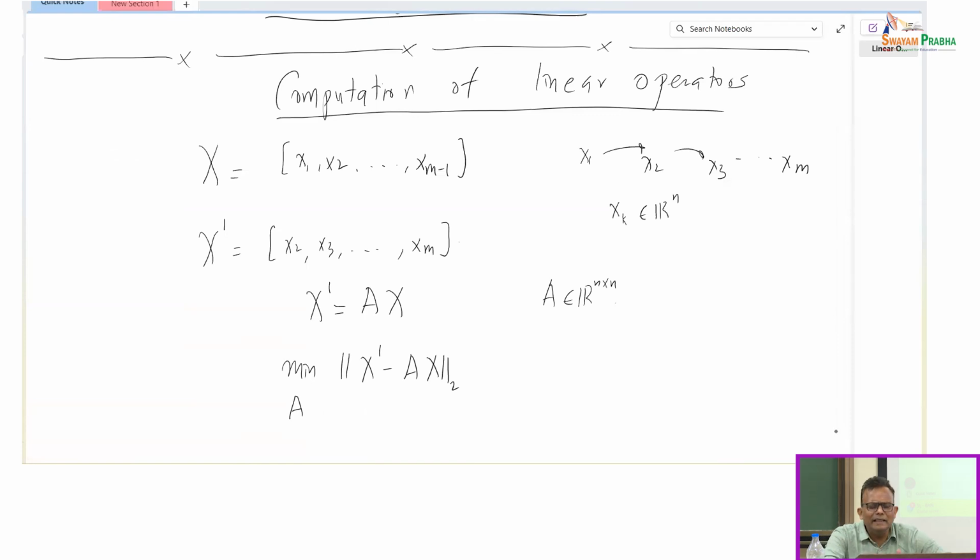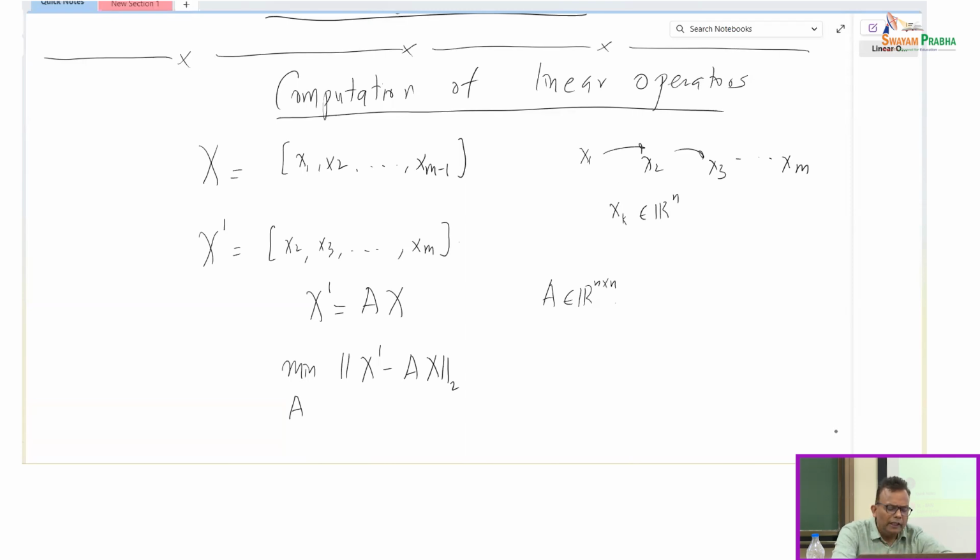This is not the DMD algorithm per se; I'm just telling you the idea. DMD actually computes this in terms of SVDs and so on, to reduce the computational burden, because in real applications the matrices you deal with can be very large, since m could be large, because you're collecting a lot of data.